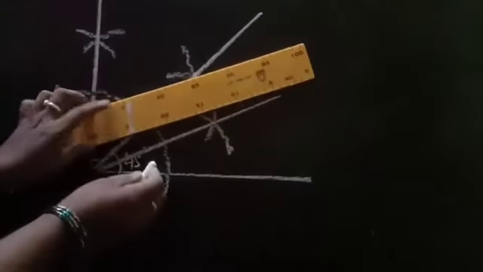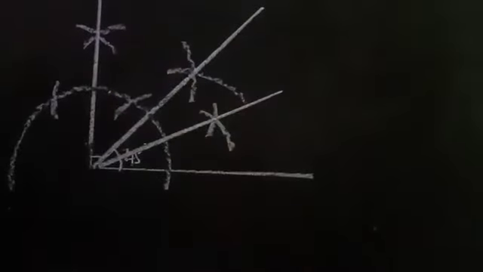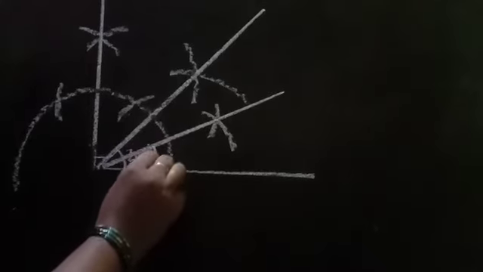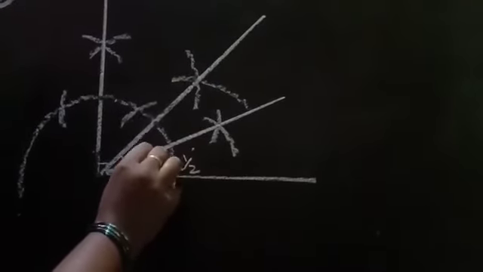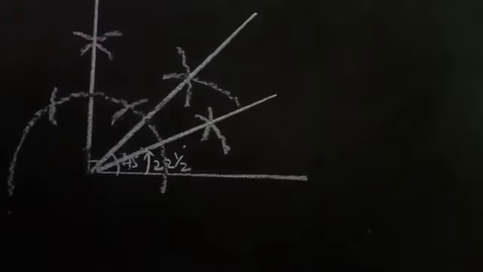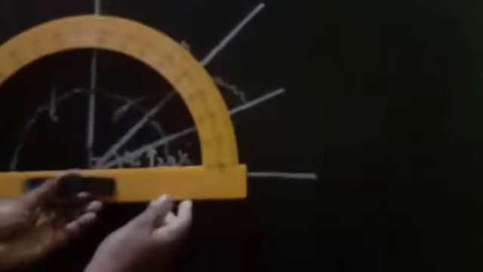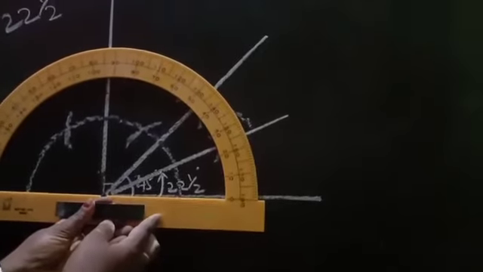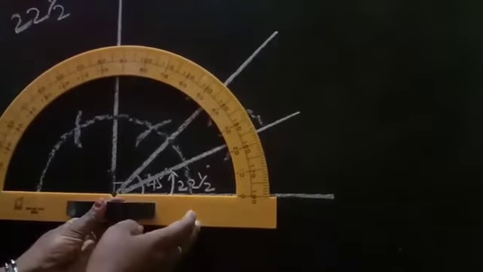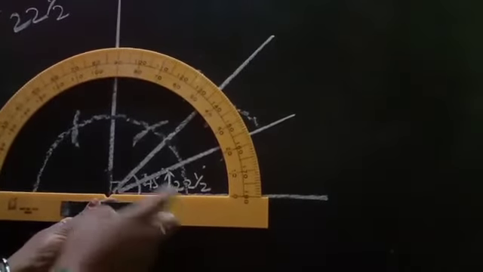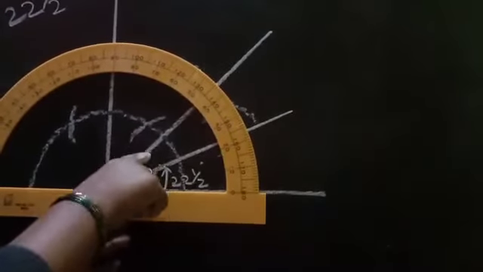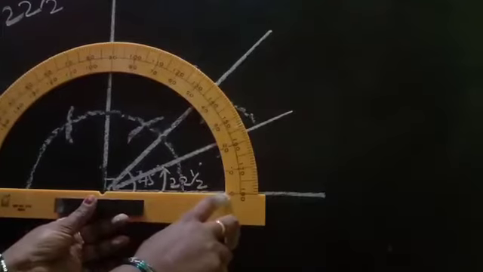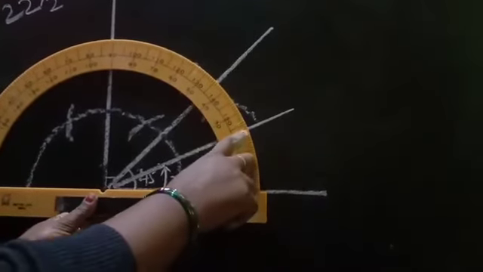We'll get this, this is 22.5 degree. If you want, measure all the three and verify. We'll get 90 degree. Bisecting 90 degree is 45 degree. Bisecting 45 is 22.5 degree we'll get.